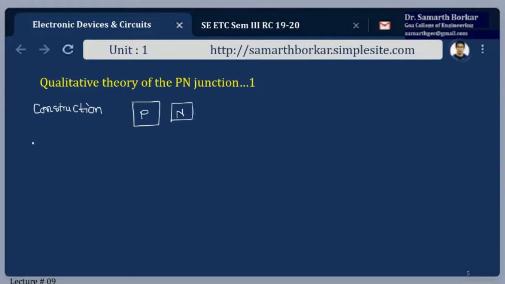This is just for your information. One is the grown junction. The second one is the alloy junction.